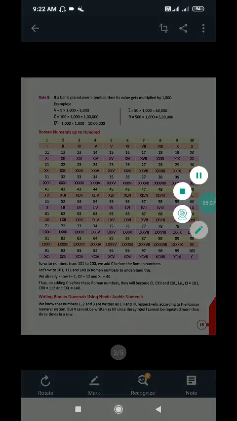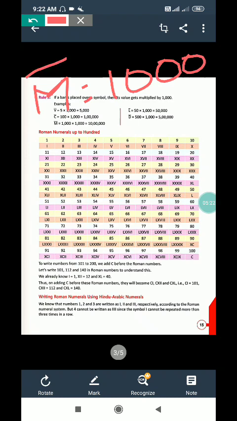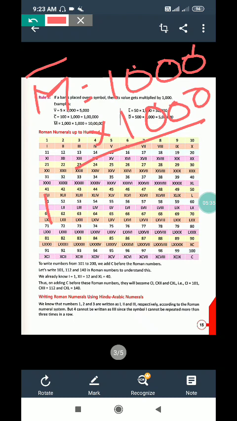Again we will take another example. Let's take a big number, M. As we know, the value of M is equal to 1000, and if we put a bar over it, that means it is multiplied by 1000. So the value of that one is 1 followed by 6 zeros.